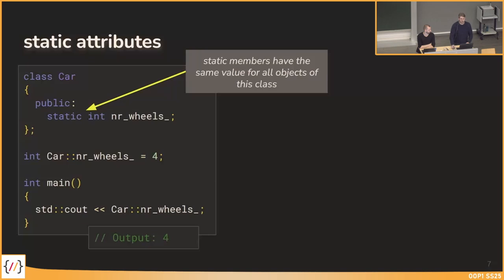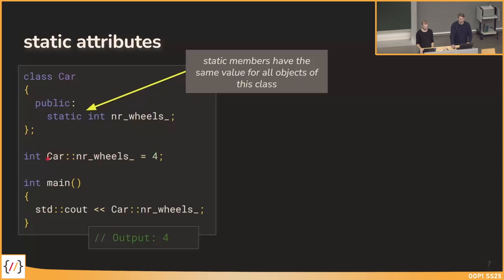If we have a look at this code snippet here, we declare the static int number of wheels member variable inside the class, and we then initialize it outside of the class, but this looks a bit strange.